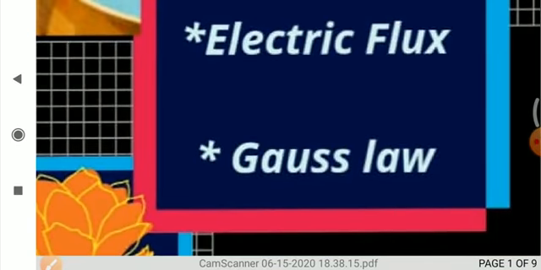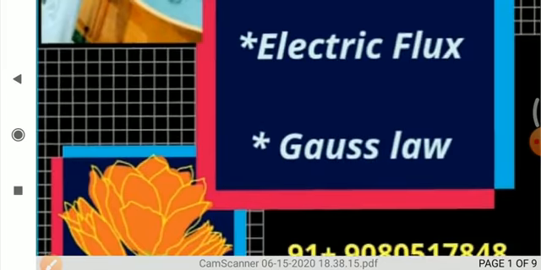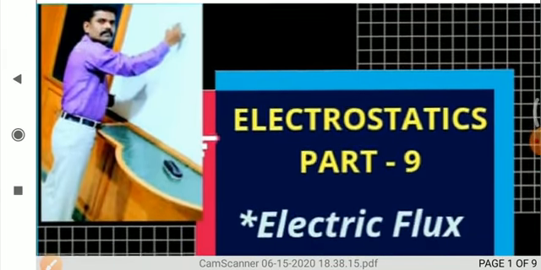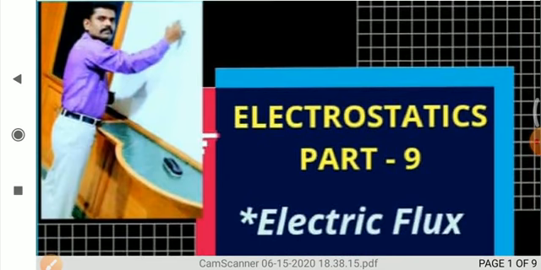a particular closed surface. Because already we have discussed electric field due to a point charge, electric field due to a system of point charges, and electric field due to an electric dipole also. Now what is the different thing in electric flux?